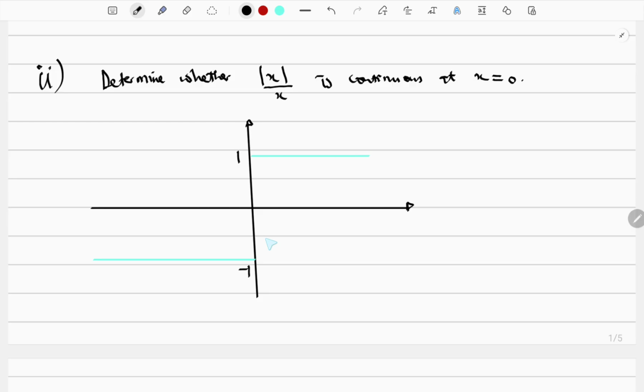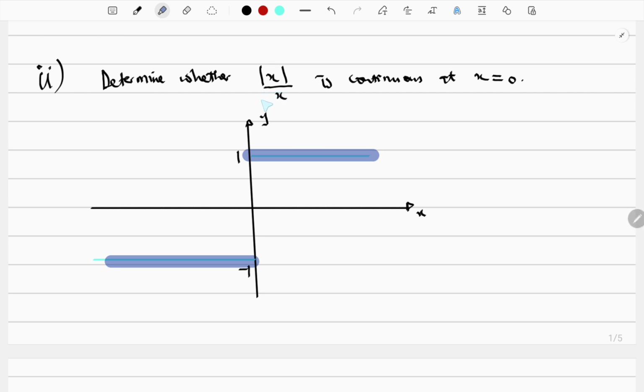So for x which is less than 0, our graph is there on this line, right? Then when we get to 0, our graph skips to 1. That is our graph.